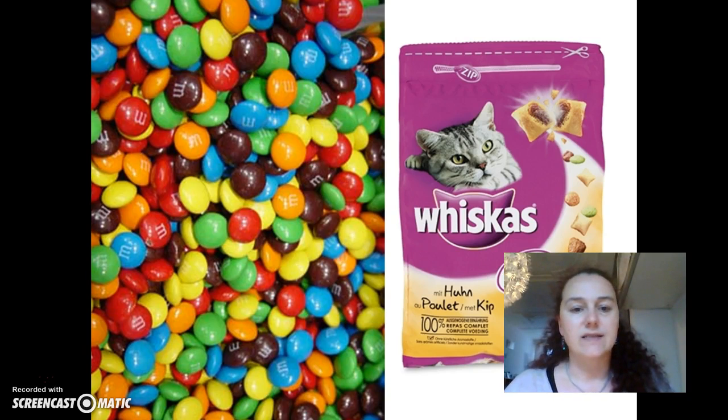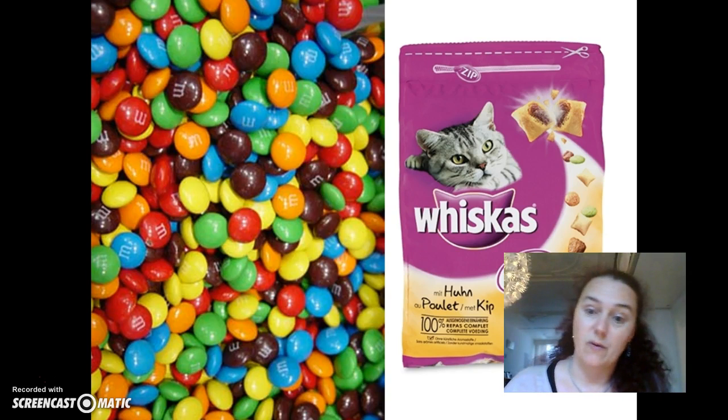So if you look at these two pictures, what is the relation between them? Anyone? These are two products made by the same overall company, the Mars company. You could say that a key activity for them is to produce foods, whether human foods or pet food.